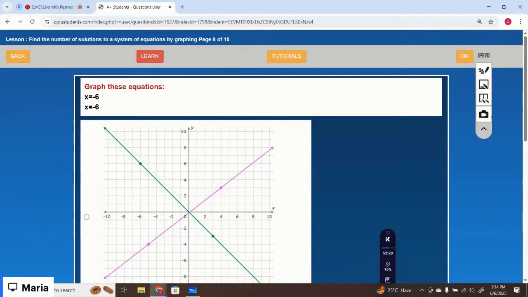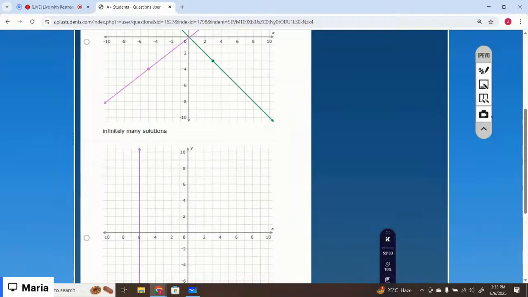Graph these equations x equals negative 6 and x equals negative 6. Option number three is the correct option.